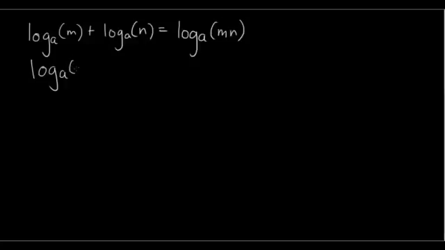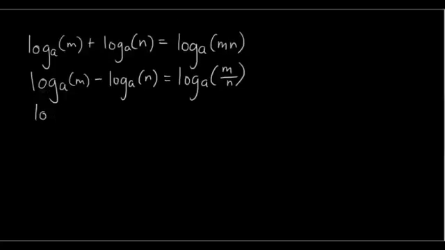So log base a of m minus log base a of n is log base a of m divided by n, and log base a of m to the power of n is the same as n times log base a of m.